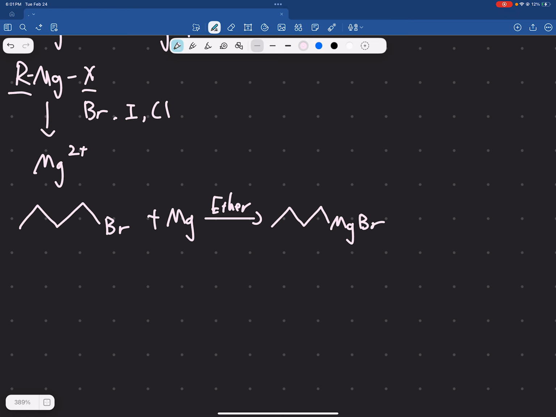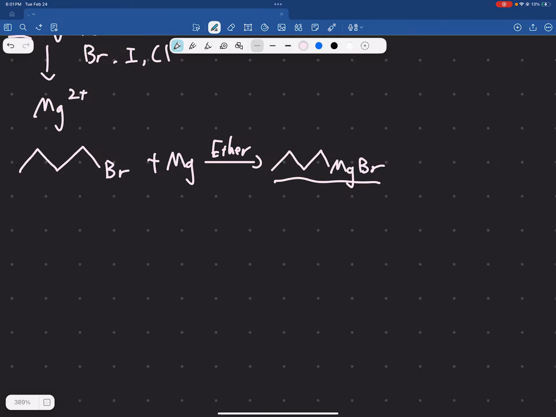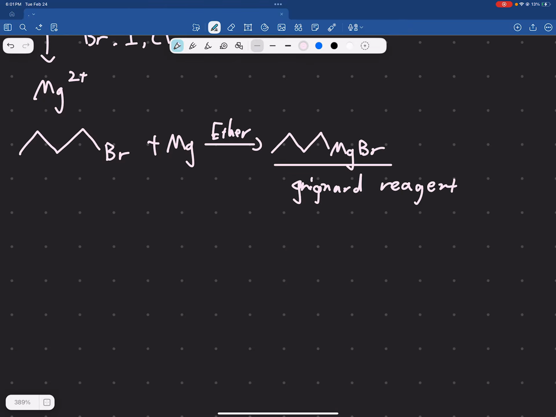And this will be butylmagnesium bromide, and this will be our Grignard reagent. So some common starting materials are bromides with oxidative addition of magnesium.